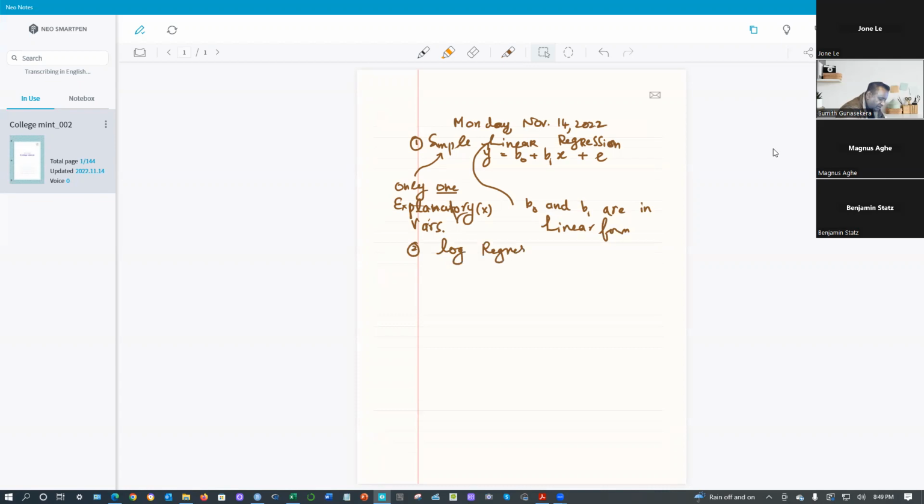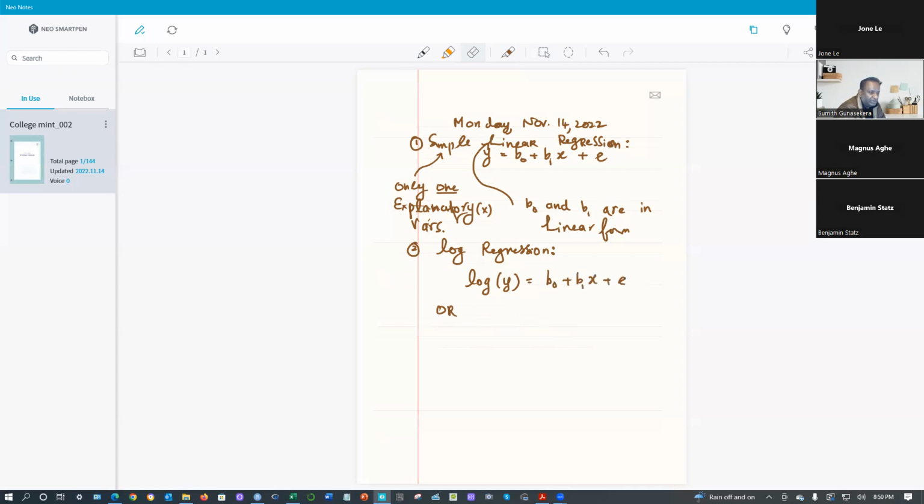You can say log y equals b naught plus b1 x plus epsilon. You take the log of the y variable to make it a straight line.